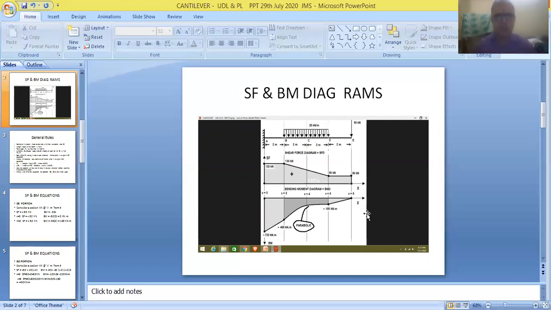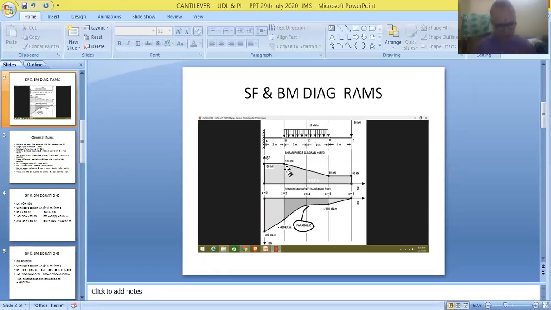But X is equivalent to 0, I mean, SF is plus 50 kilonewtons shown in this diagram. X is equivalent to 2 meters also, it is equivalent to 50 kilonewtons. And X is equivalent to 6 meter, it is obtained as 130 kilonewtons. So it is a linear variation, so it is coming to 130 kilonewtons.